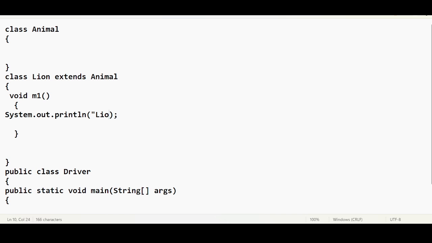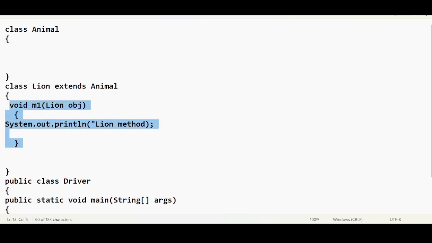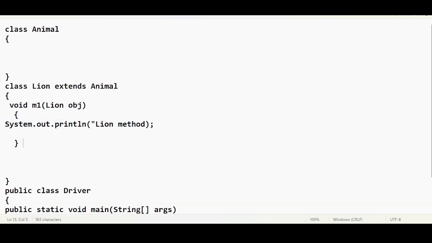So here I am passing the lion object. When I pass the lion object as an argument, I will be getting Lion, this should get executed. Let me have the same method in this case too.